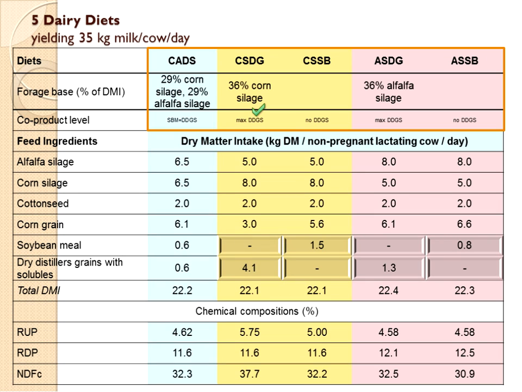If you maximize distillers grains in a corn silage diet, you can get about 4 kilograms of dry matter per day of distillers grains into a cow. If you're using alfalfa forage, you can't feed as much distillers grains. So this is the interesting, complex part of this analysis: it's driven by the dairy diet.